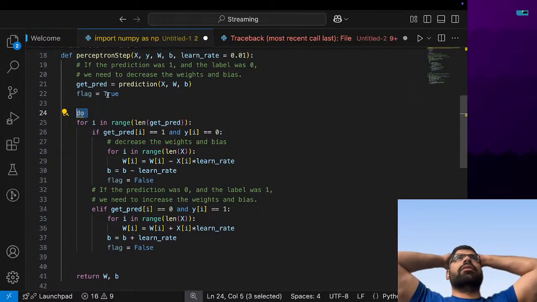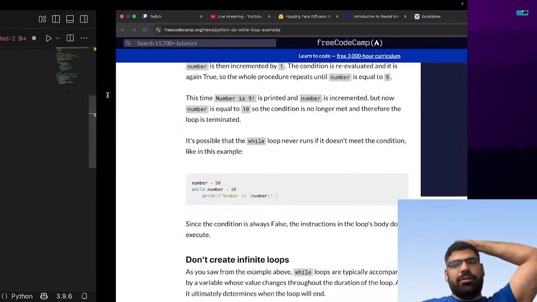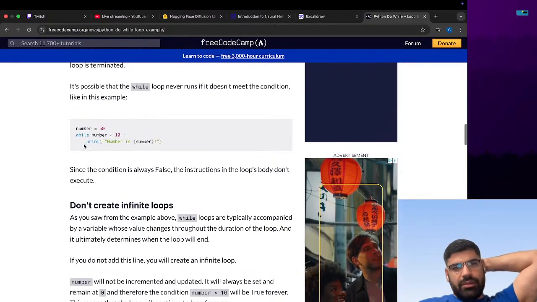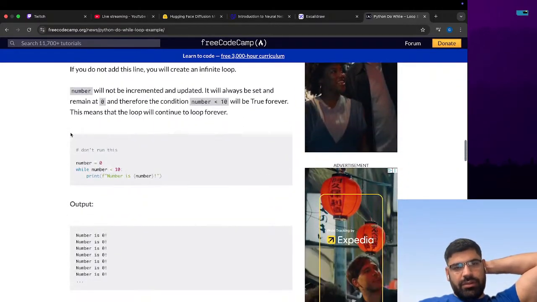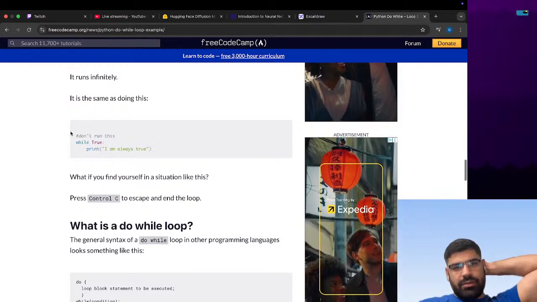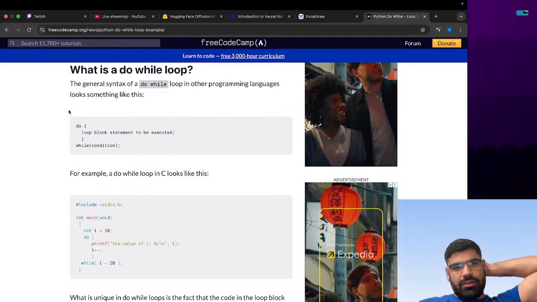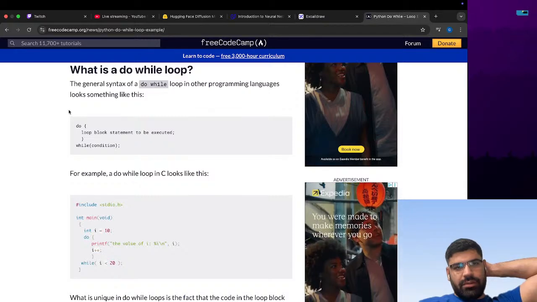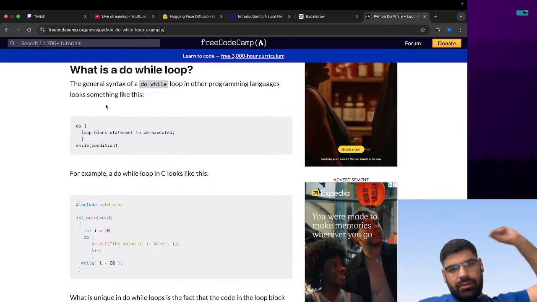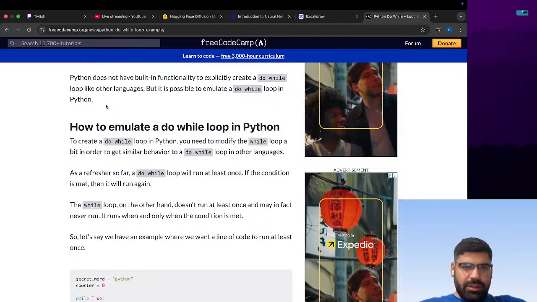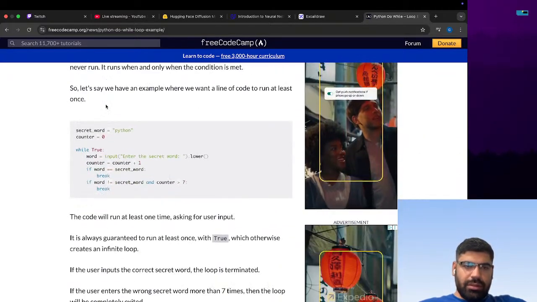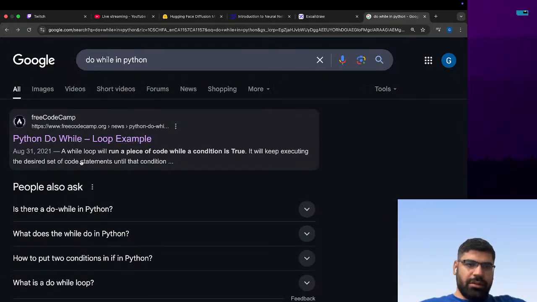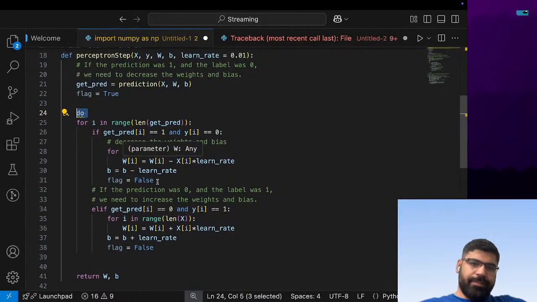Think about it. There's no do while in Python, but what I can do with do while? This while.